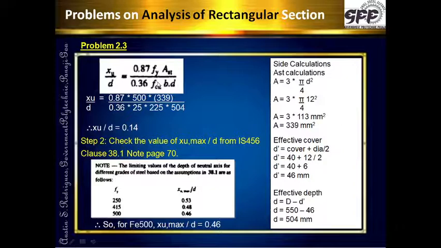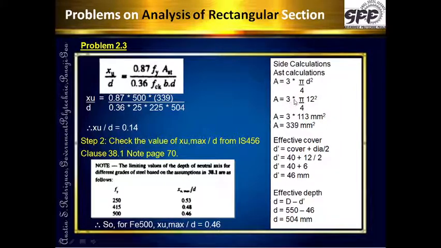Now when we look at it, Xu upon d is equal to 0.87, the value comes down as it is. Fy in this case has been given to us as 500. Now Ast has not been given directly, so I'm looking at the calculations. Area is 3 bars which are circular in cross section.